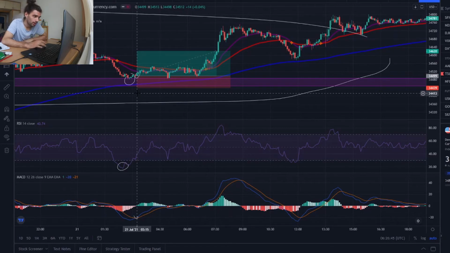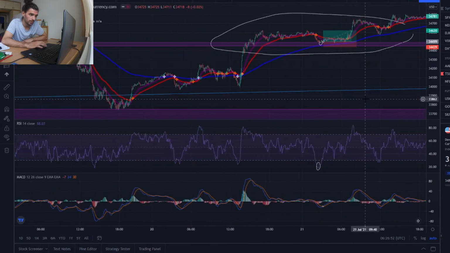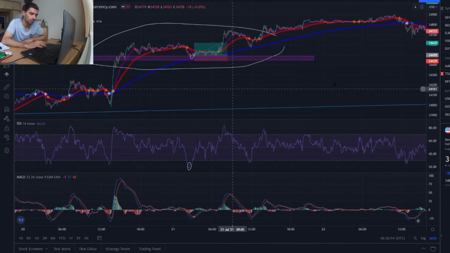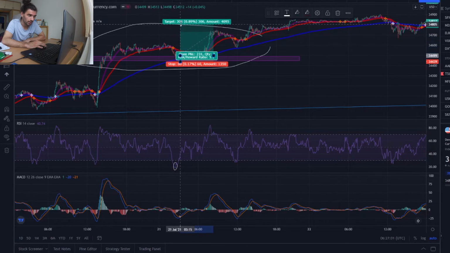So about 4.5 hours. Now, you could have, of course, waited for the next couple of hours or maybe even a day, but this is not usually what you want to do when you scalp, and you could have taken your profit here. But you never know how high the market will go, or maybe we get rejected here and suddenly turn around.